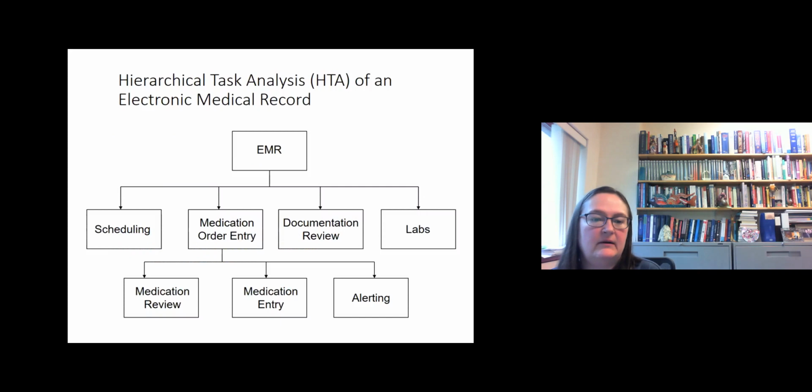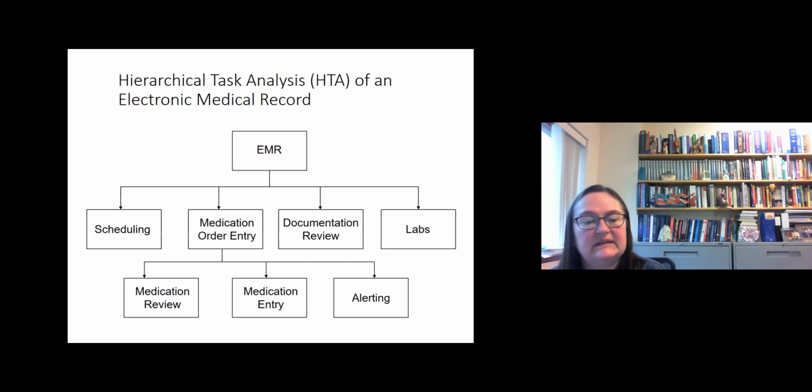Here's an example of a hierarchical task analysis. So here we have an electronic medical record, which can be decomposed into specific activities: scheduling, medication ordering, document review, and labs. And then medication order entry can be decomposed further into medication review, medication entry, and alerting.